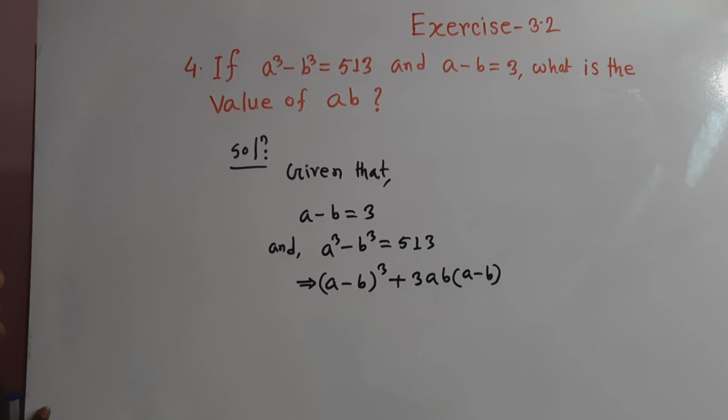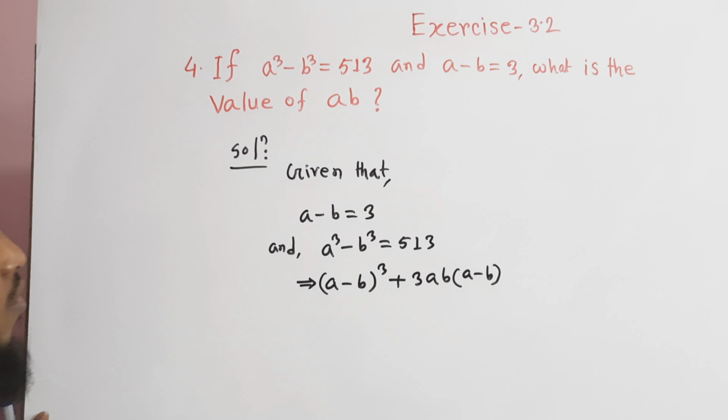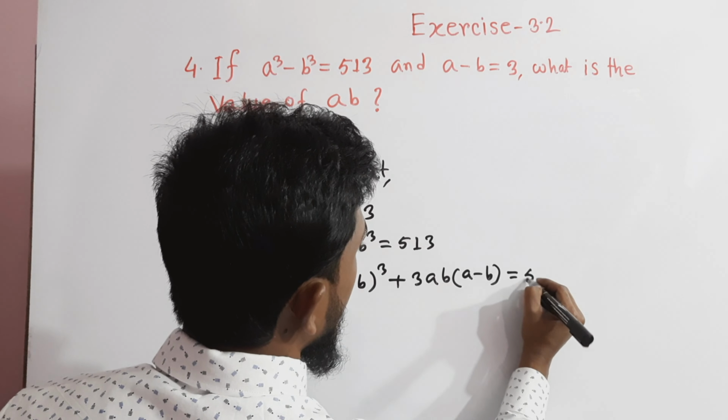This is the formula of a cube minus b cube. This equals 513.